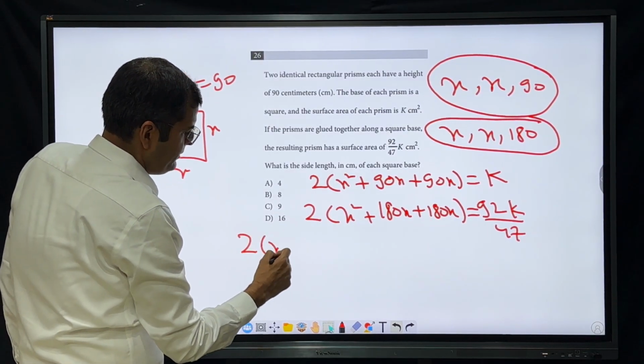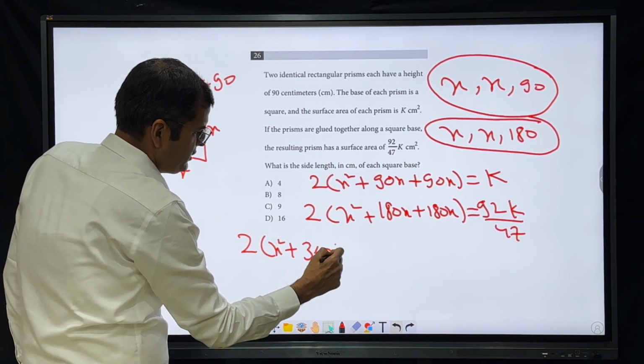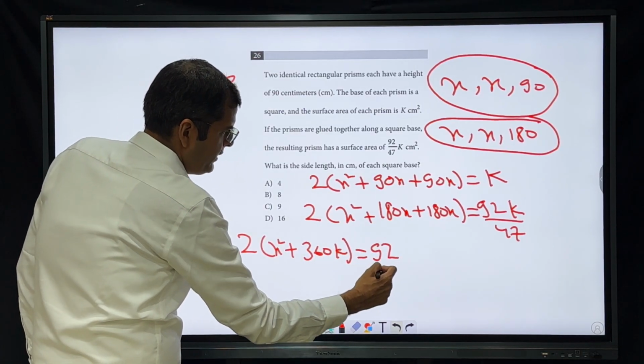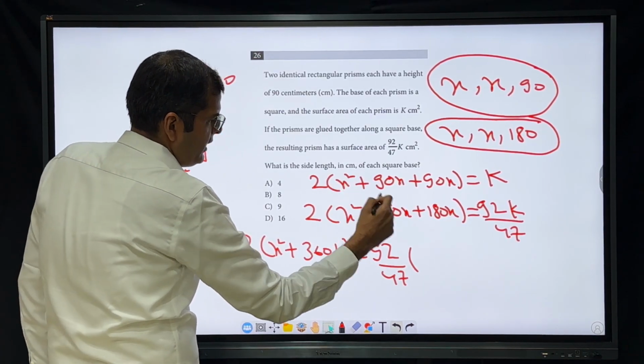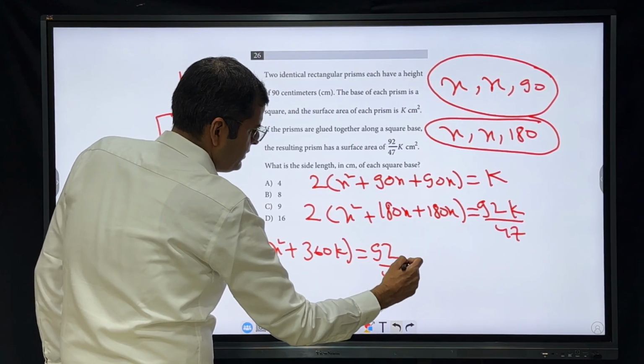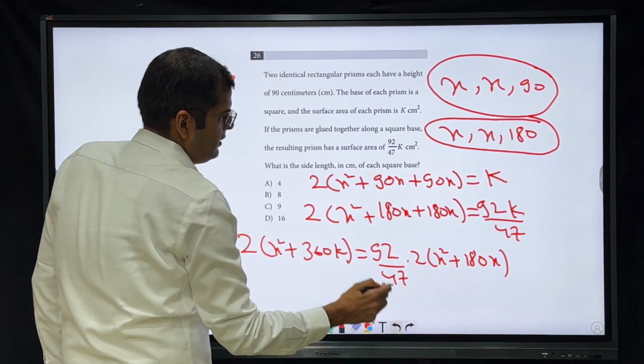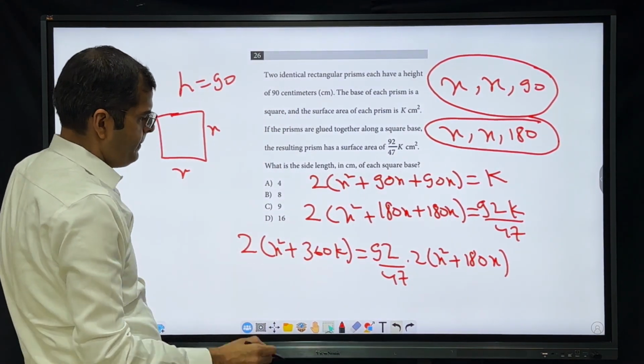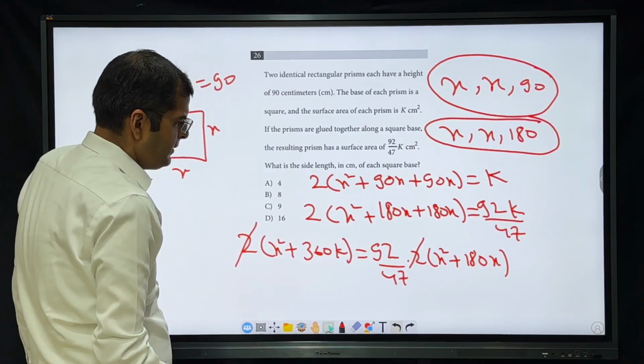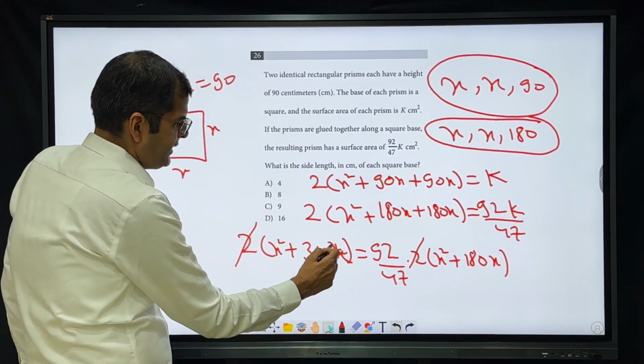So this becomes 2 times x squared plus 360x is equal to 92 upon 47 into k, which is 2 times x squared plus 180x, sorry, 90x plus 90x is 180x. So this 2 and 2 go, okay, this is 360x.